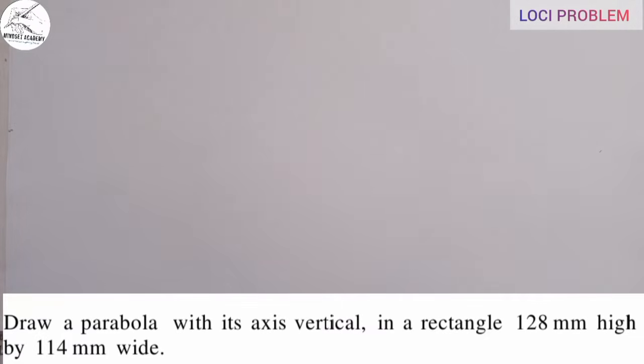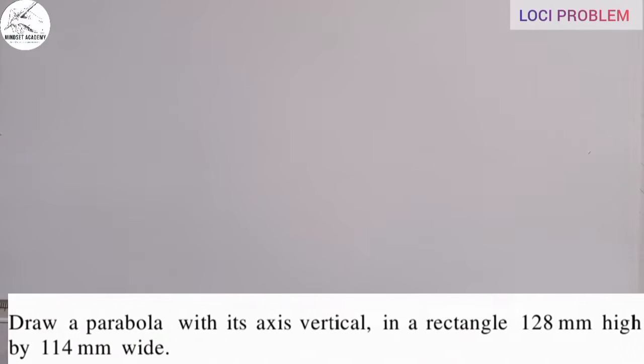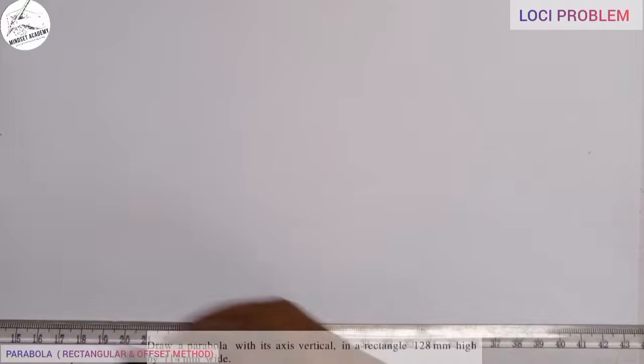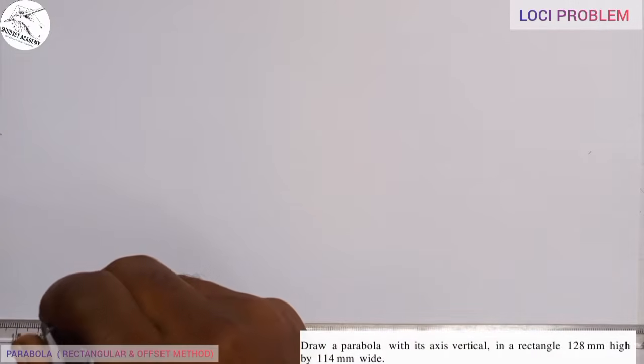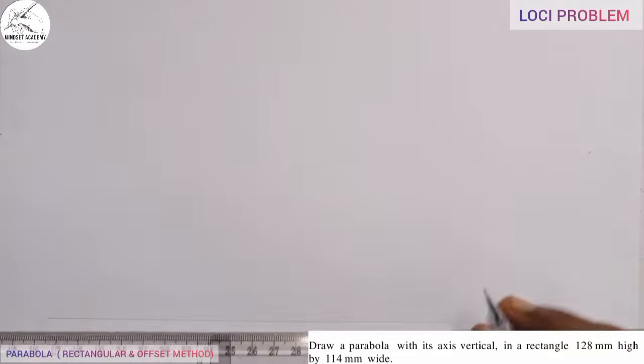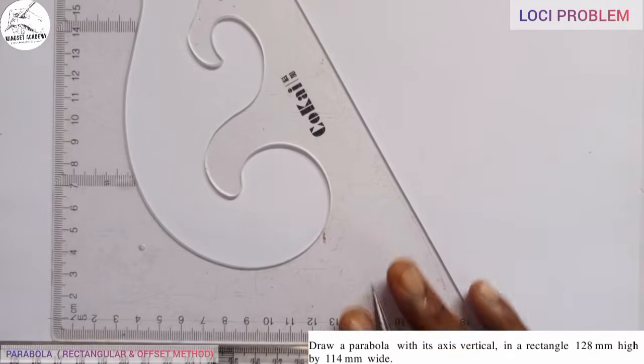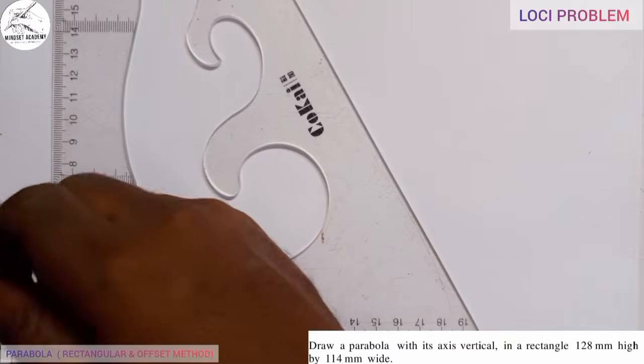One of the ways of constructing a rectangle is to draw your horizontal line and your vertical line. So I draw my horizontal line in this manner, and I draw my vertical line in this manner.